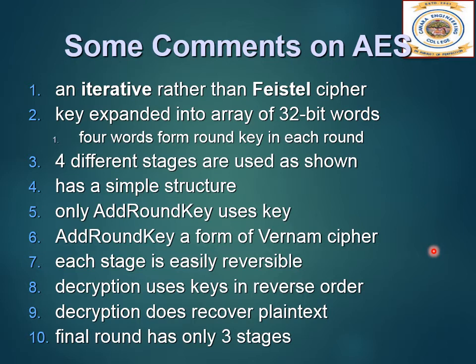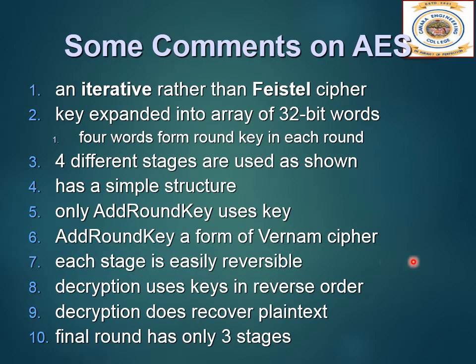We can view the cipher as alternating operations of XOR encryption of a block followed by scrambling of the block, followed by XOR encryption, and so on. This scheme is both efficient and highly secure. Each stage is easily reversible.